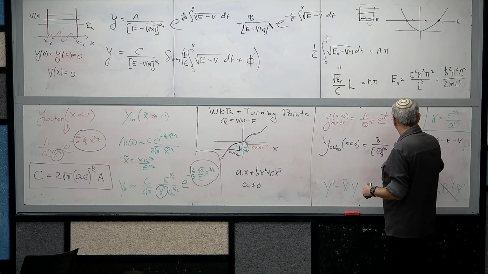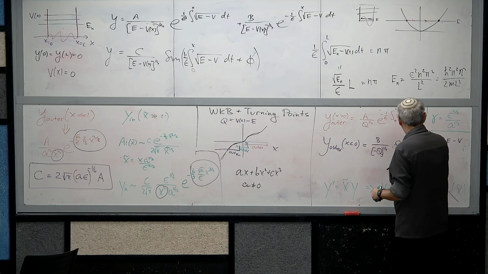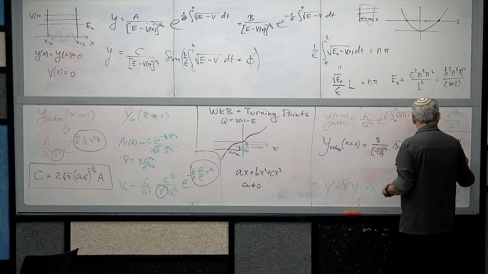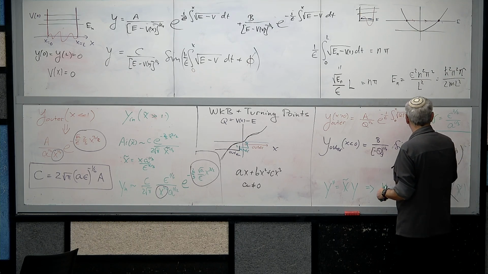And now I have sine of 1 over epsilon integral from minus x to 0 of minus q of t dt plus phi, right?